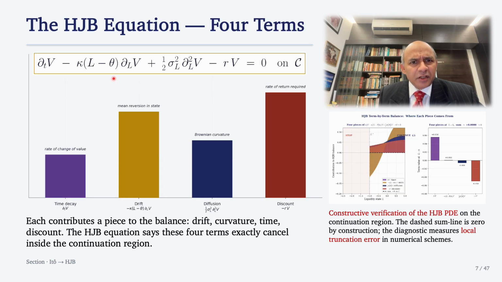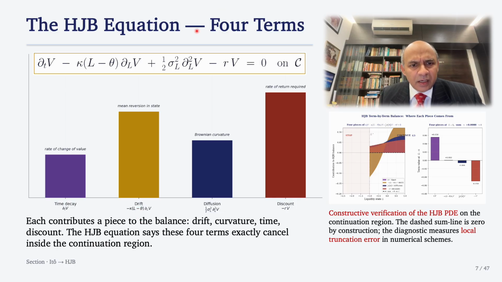The HJB equation must sum to zero inside the continuation region. So you've got four different elements: the time decay, which is dtV, the rate of change of value. Then you have the drift term minus kappa (L minus theta) dLV, which is the mean reversion in the liquidity state. That piece drags L back towards its long run level of theta, which is zero.